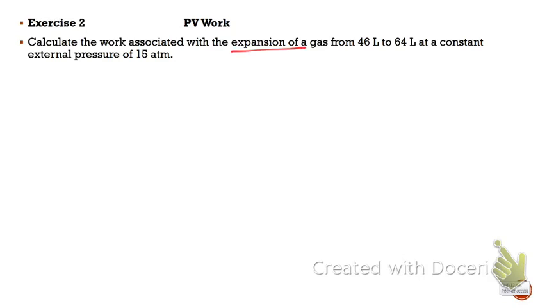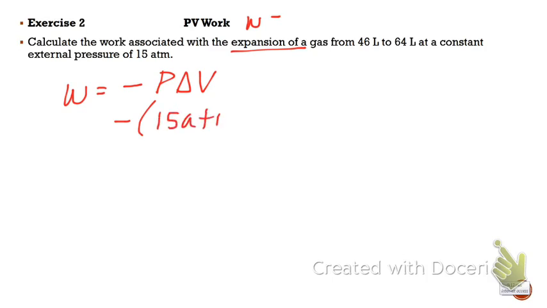Exercise 2, calculate the work associated with the expansion of a gas. So when I see expansion, W is going to be negative, because we're going from 46 liters to 64 at a constant external pressure of 15 atmosphere. So this is where we're going to do work is equal to negative P delta V. We've got 15 atmosphere. 64 minus 46 is 18 liters.